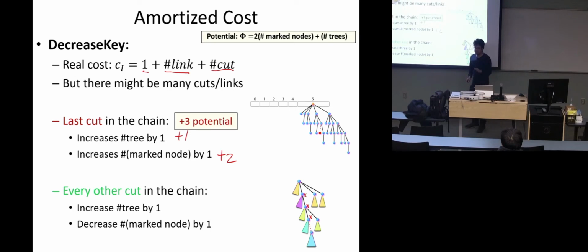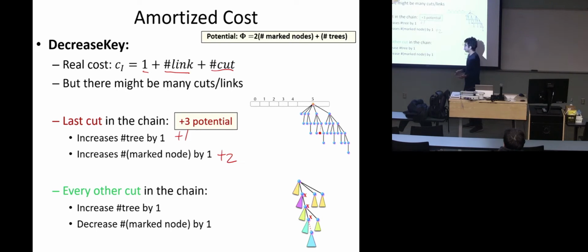For every other cut, which is not the last cut, imagine that you cut this thing, and then the node that was marked before will be double marked, and it will be unmarked, and you keep cutting. So what will happen here is that if you cut, it will increase the number of trees by 1 again, but it will decrease the number of marked nodes by 1, because your parent, which used to be marked, will be unmarked now.